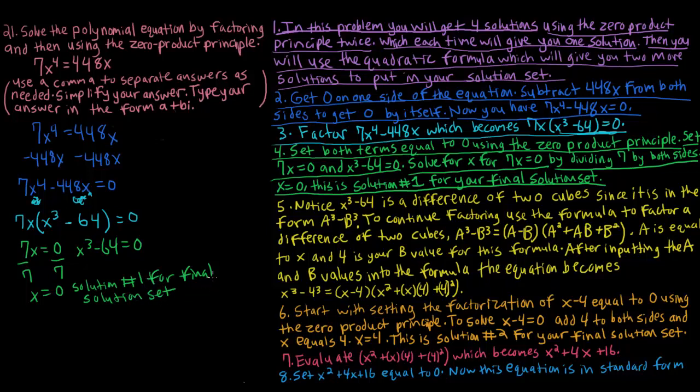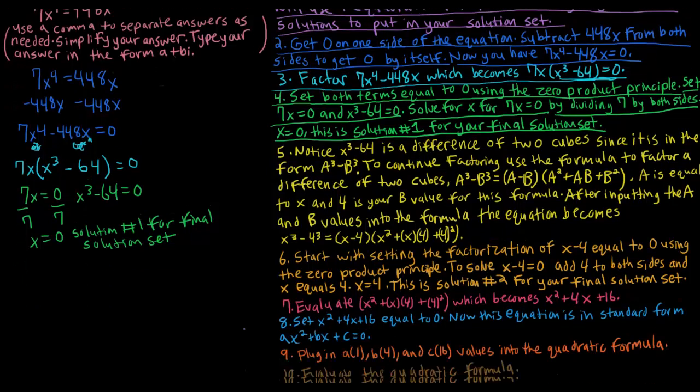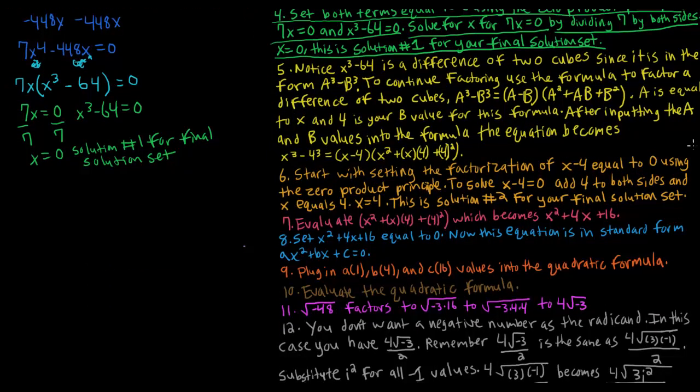Okay, so now we did that, and moving on to step 5. It says, notice that x to the third minus 64 is a difference of 2 cubes, since it is in the form a cubed minus b cubed.